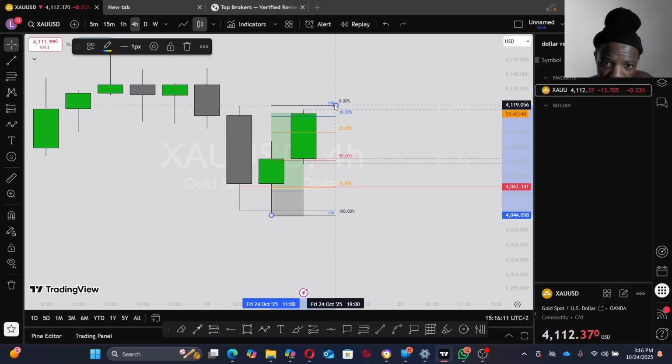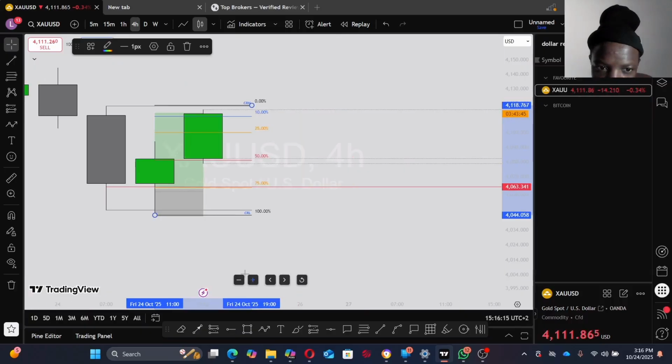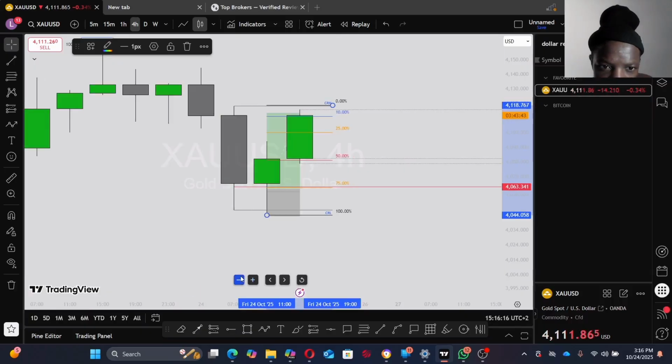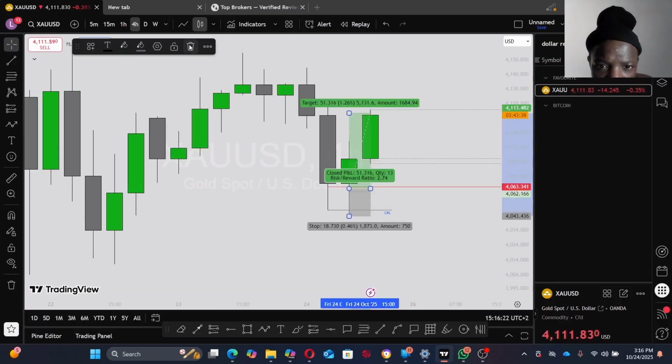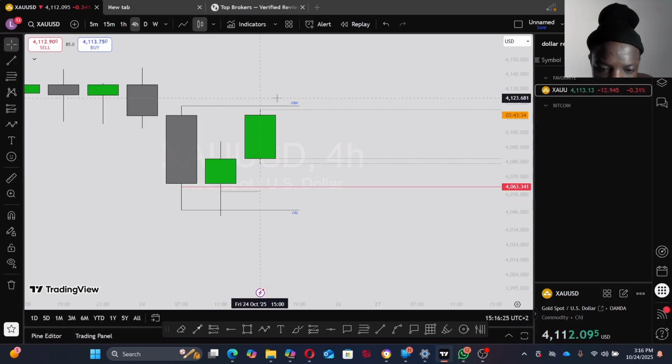So what am I looking for next? Since we are inside this range, I'm waiting for price to leave this range, meaning I'm waiting for the market to sweep this high.